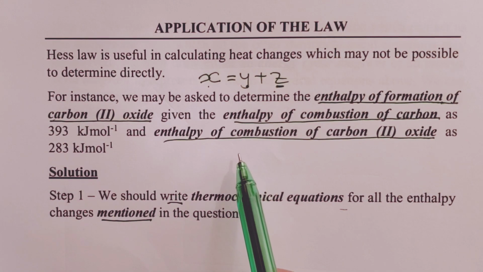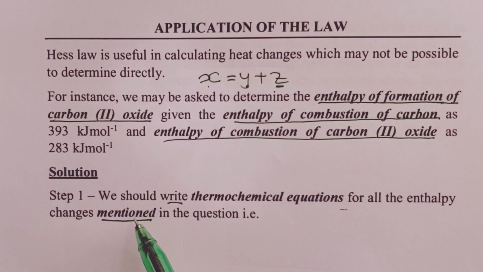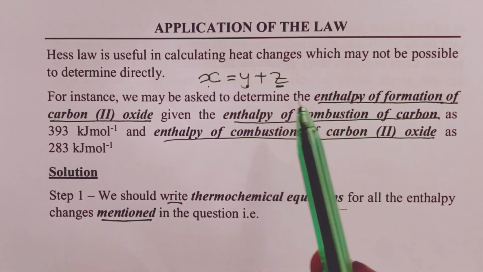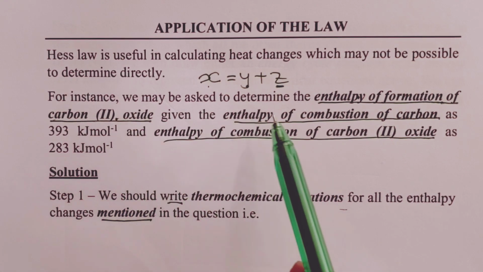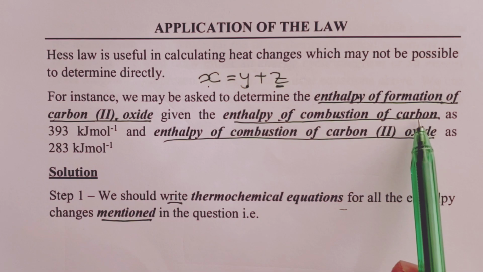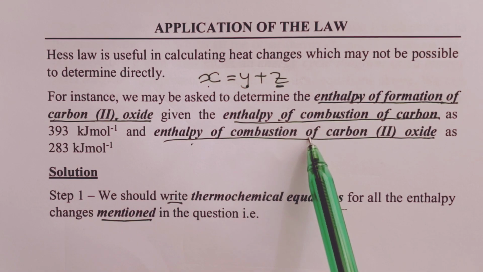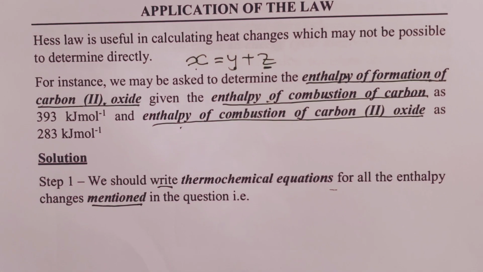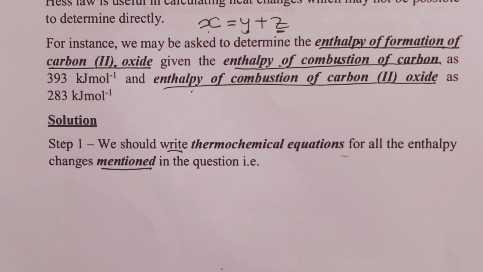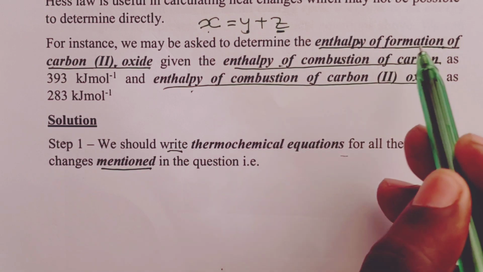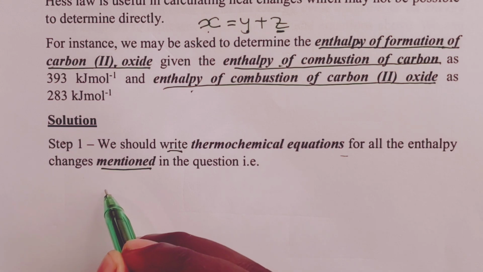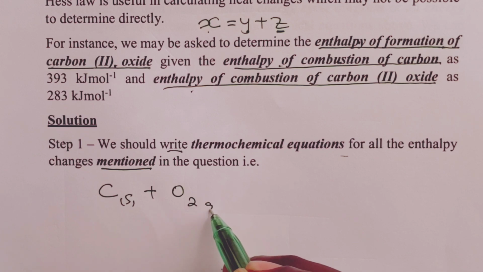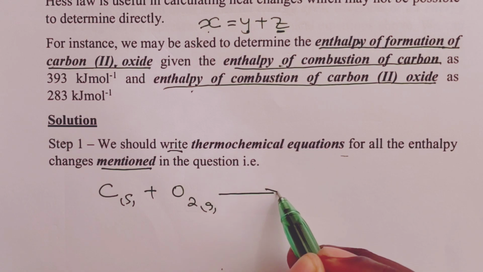In our question, we have mentioned 3 enthalpy changes. That is enthalpy of formation of carbon 2 oxide, enthalpy of combustion of carbon, and enthalpy of combustion of carbon 2 oxide. So let us go ahead and write their thermochemical equations. Enthalpy of formation of carbon 2 oxide means that we shall form carbon 2 oxide from its constituent elements.